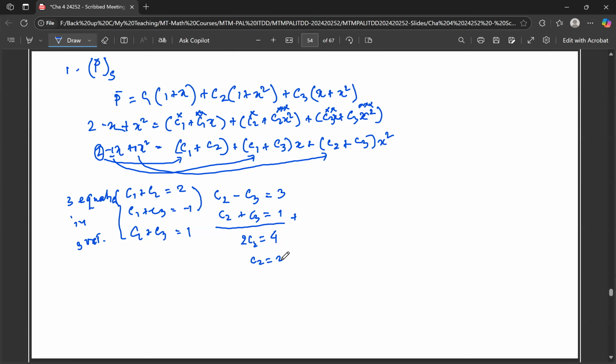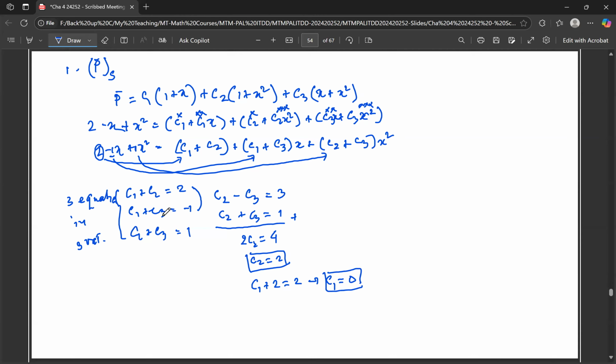Okay, we have C2 equal to 2. We can substitute into any equation. We choose the first equation here: C1 plus 2 is equal to 2. So C1 will be 0. And the last, we must get C3.